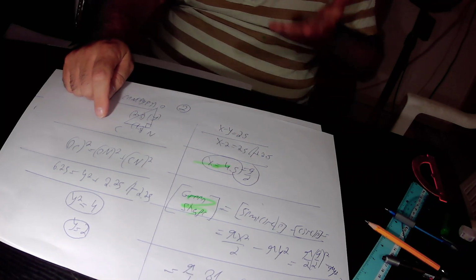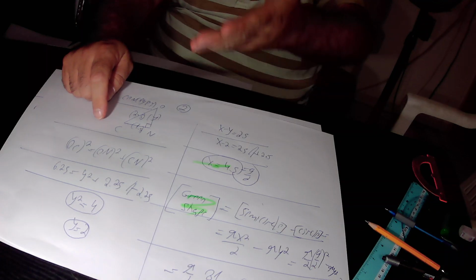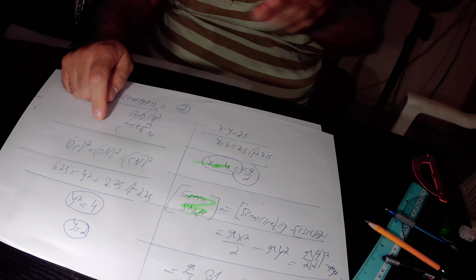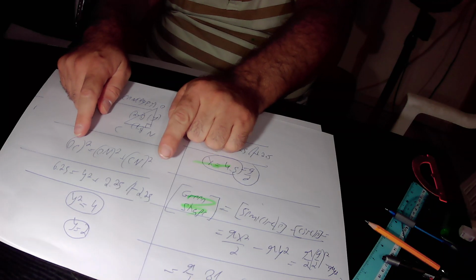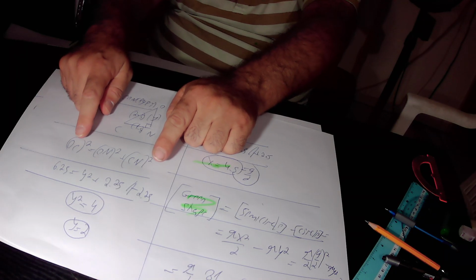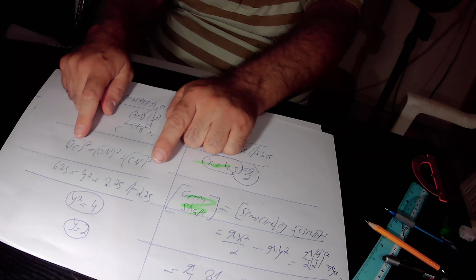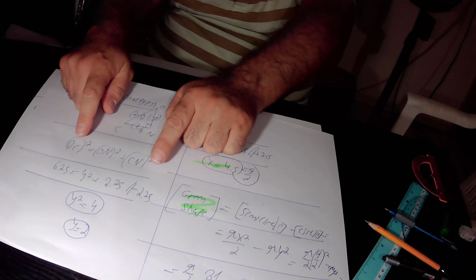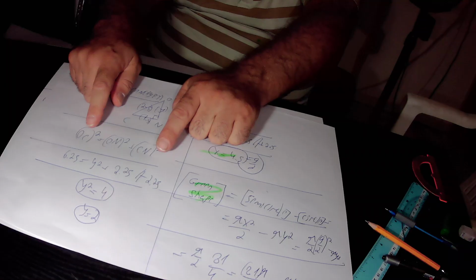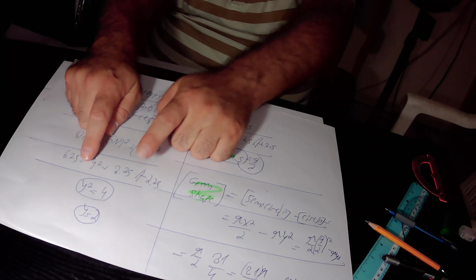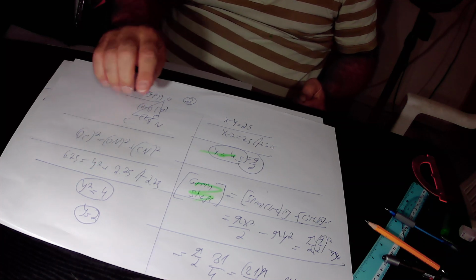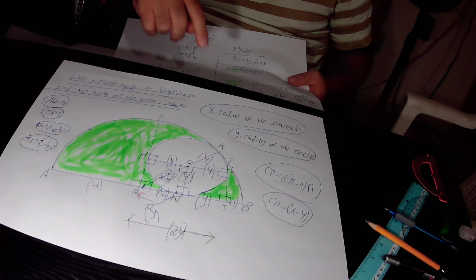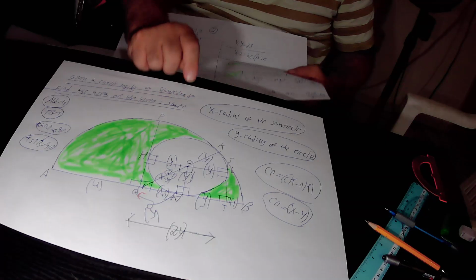So 6.25 equals y squared plus 2.25. Here we subtracted 2.25 from this equation, and found out that y squared equals 6.25 minus 2.25, which is 4. Taking the square root, y equals 2. So the radius of this small circle, y, equals 2 units.